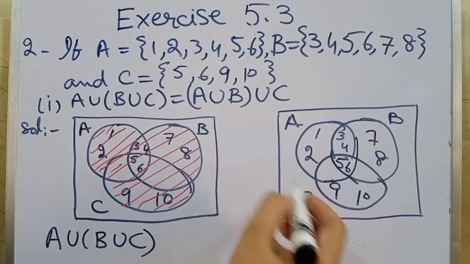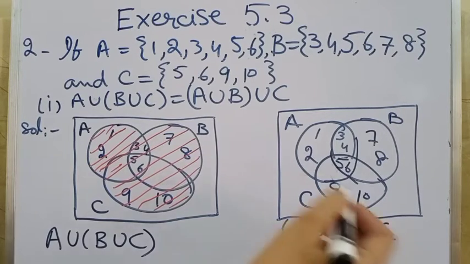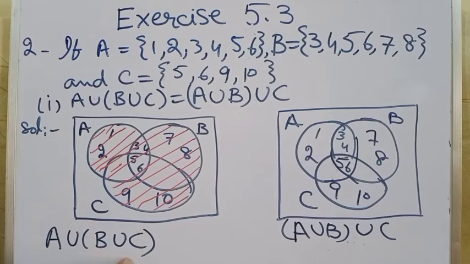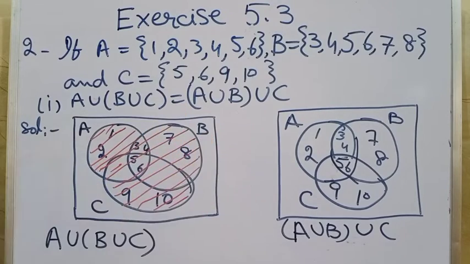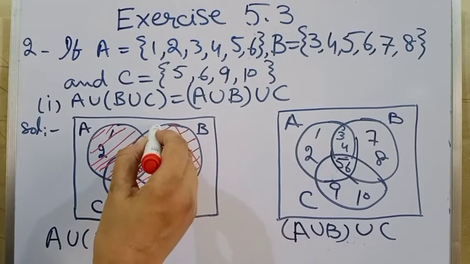It's okay now. So A union B union C. For this purpose, this is one set, and we can show it as, check.